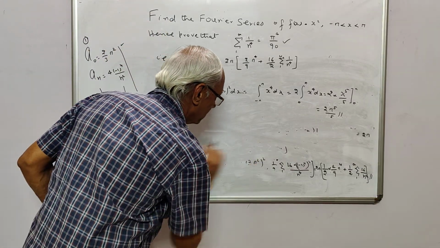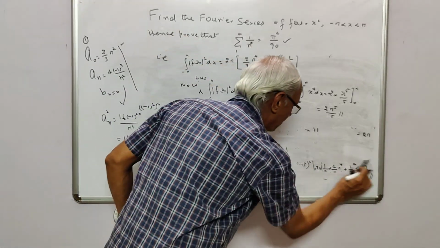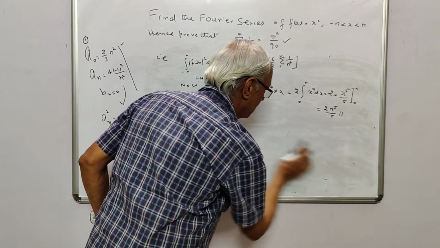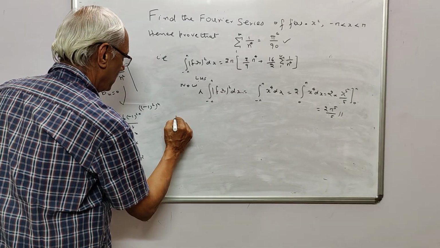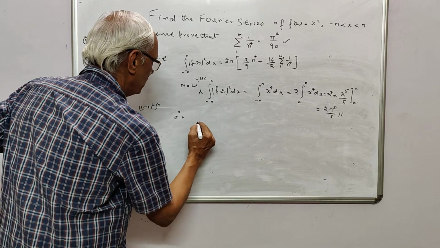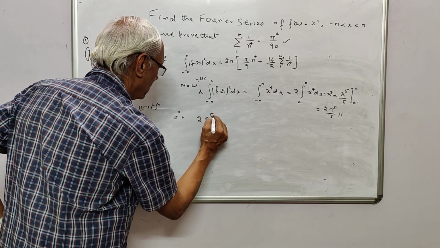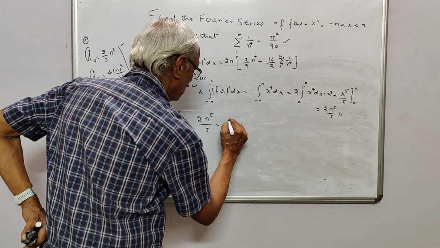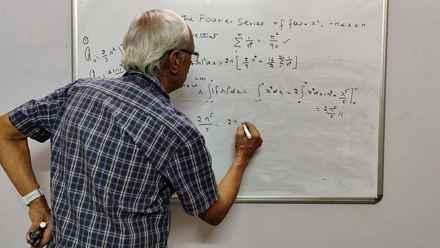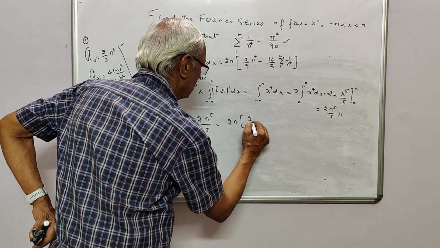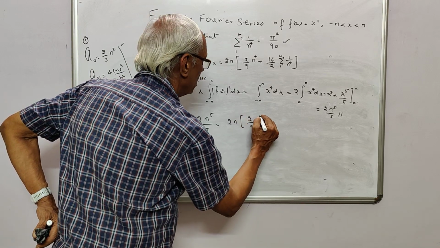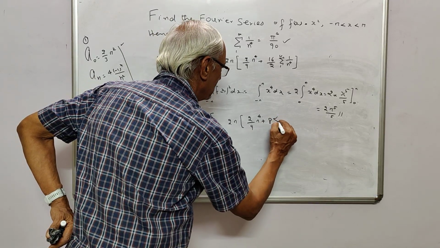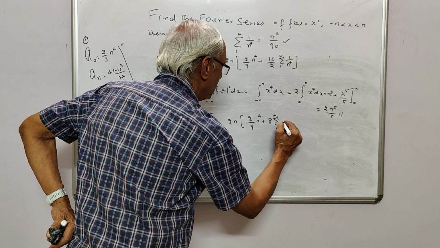Therefore equate the left hand side equal to right hand side, then you will get the answer. What is that you get? It is equal to 2 pi into 2 by 9 pi to the power of 4 plus 18 sigma 1 to infinity.